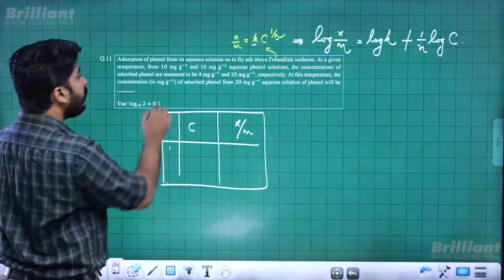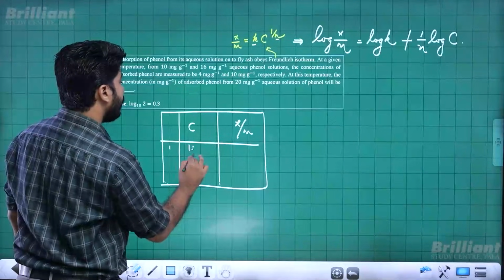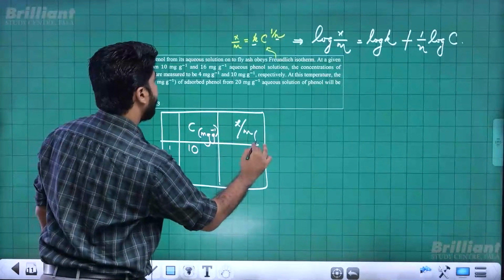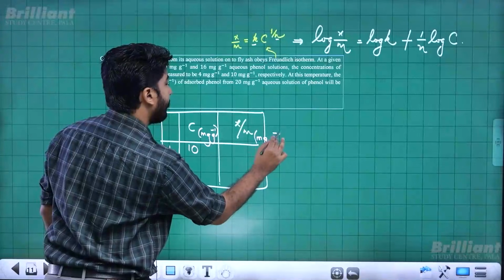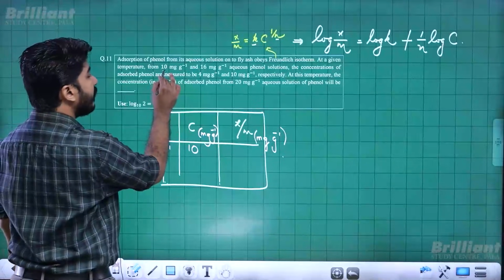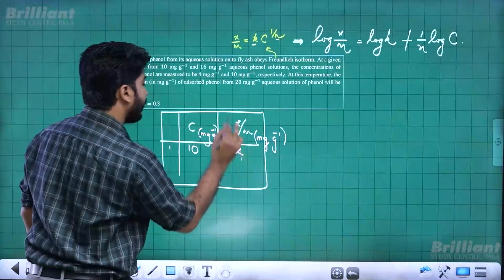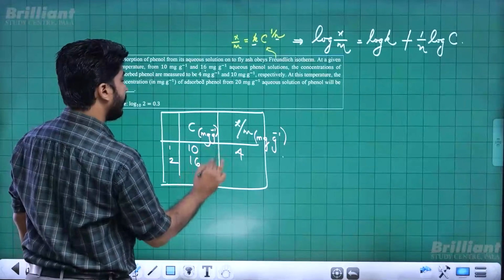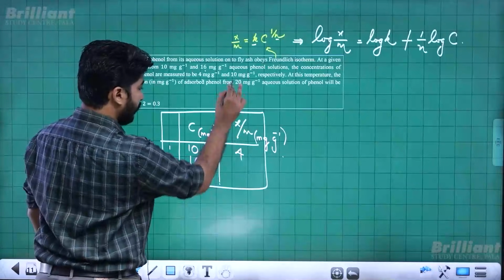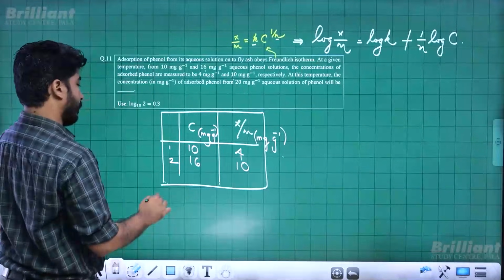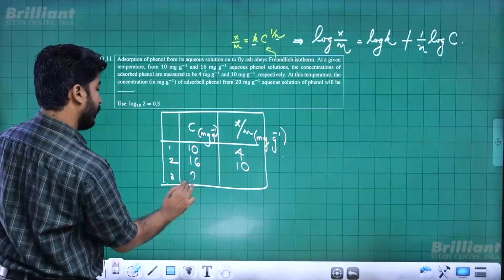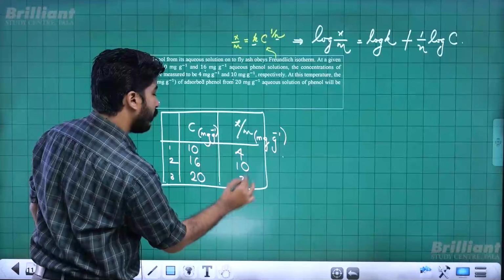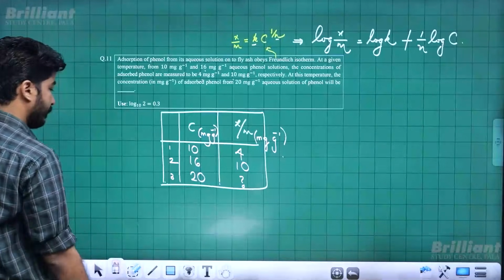In the first experiment, when C was 10 milligram per gram, X by M was 4 milligram per gram. In the second experiment, when C was 16 milligram per gram, X was 10 milligram per gram. And in the third experiment, if you take C as 20 milligram per gram, what would be the value of X by M? That is the question.